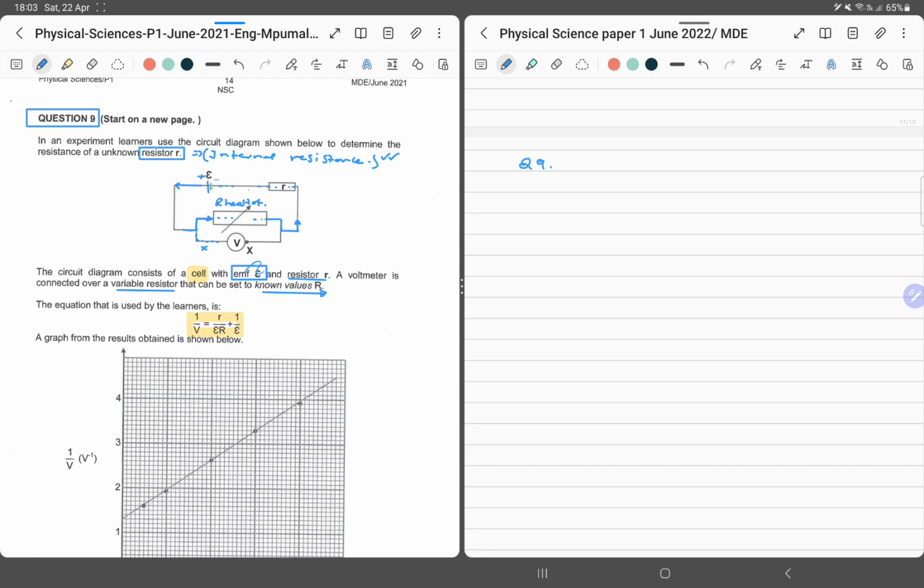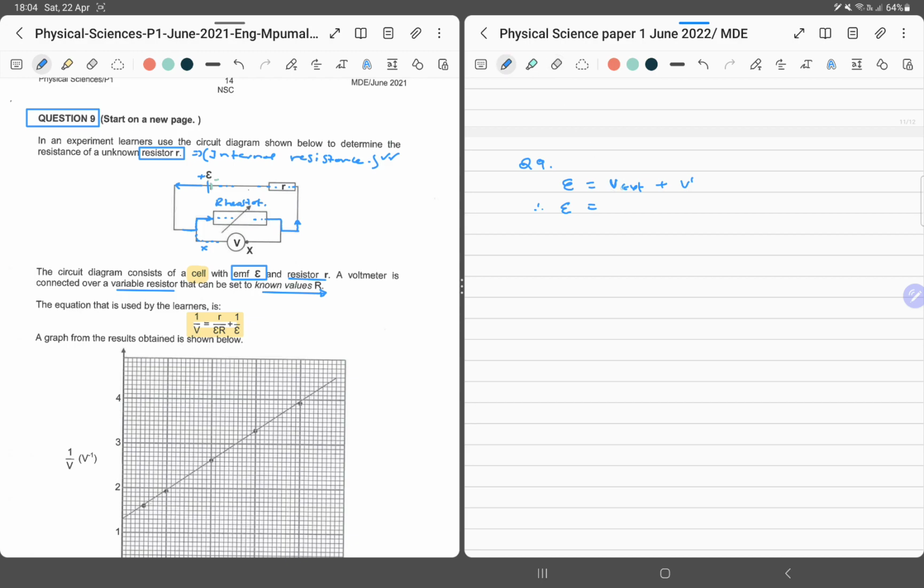First of all, we're only told about the EMF and the external voltage. So we know that EMF E is always equal to the external voltage plus the lost volts, is it not? So E equals V plus the internal voltage.